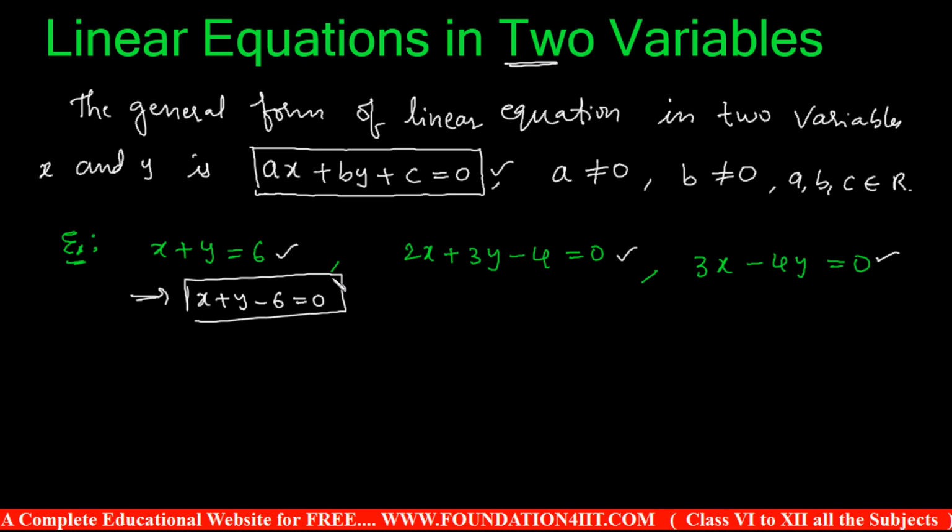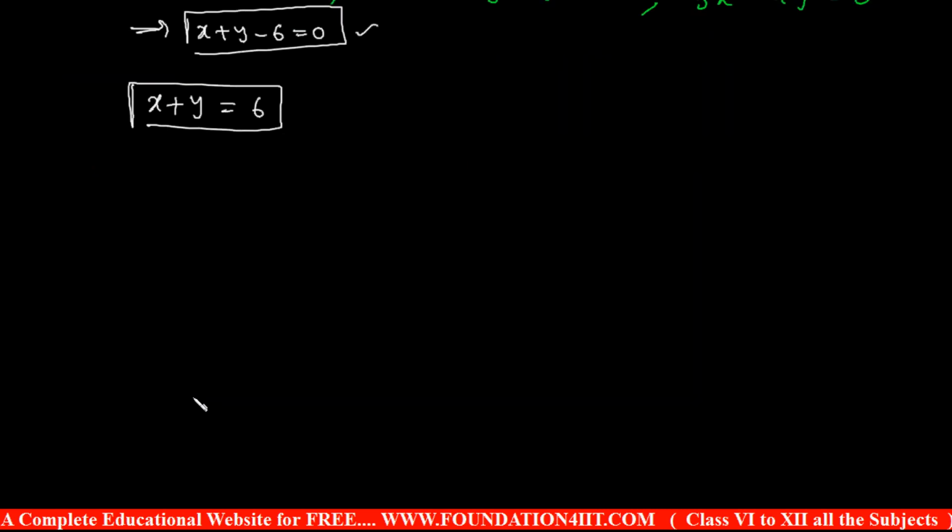Let us see some important properties of linear equations. There are infinite solutions if we take a single linear equation. For example, let's take the previous example only, x plus y is equal to 6. From this we can make infinite solutions. Let's take an x value.